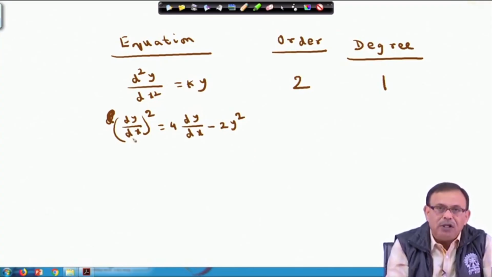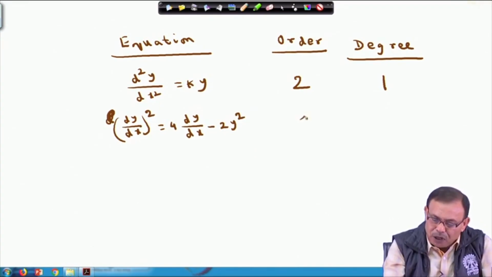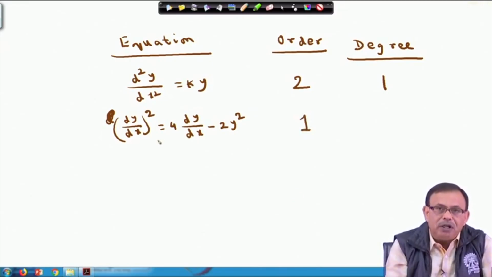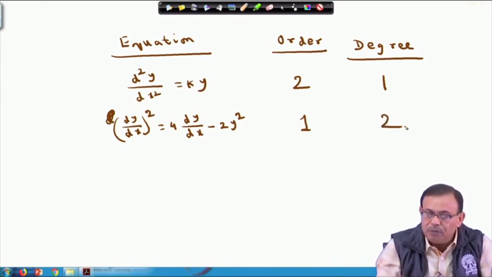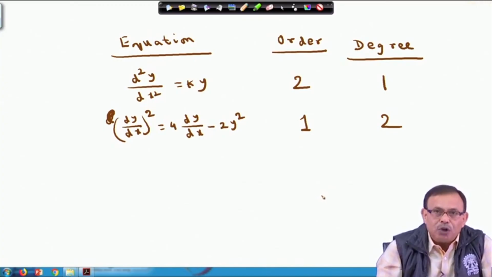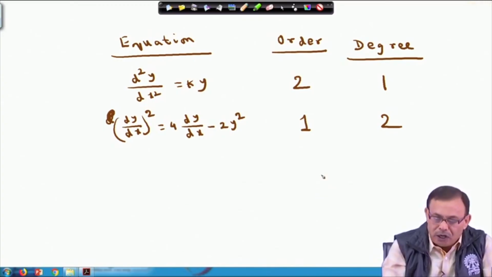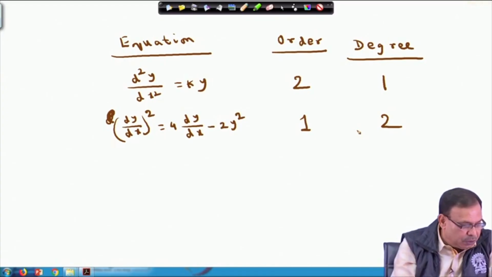That is first order, only dy/dx. Therefore, order of this is 1 and what will be the degree? Degree is the power of the highest order derivative. Your highest order derivative is dy/dx and whole square is there. Therefore, your degree will be equal to 2. So, for this equation the order is 1, the degree is 2.